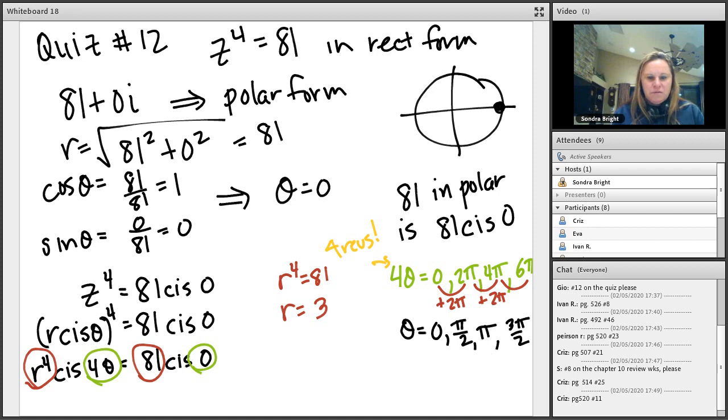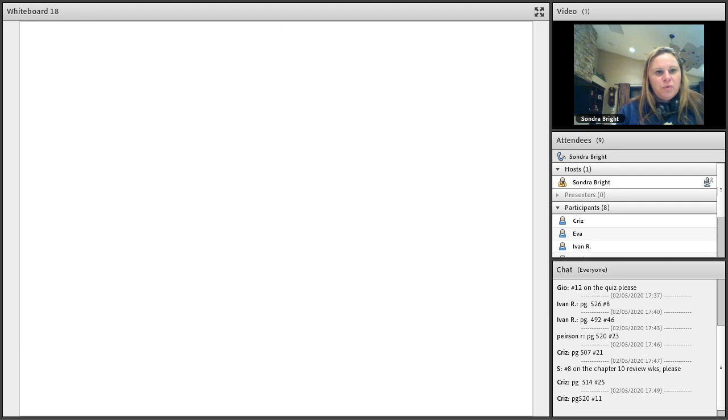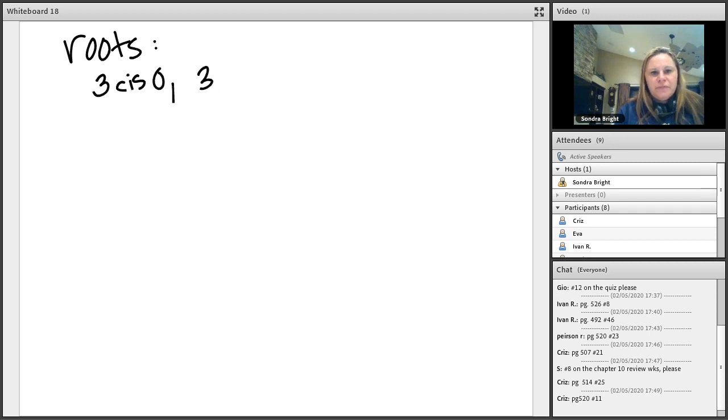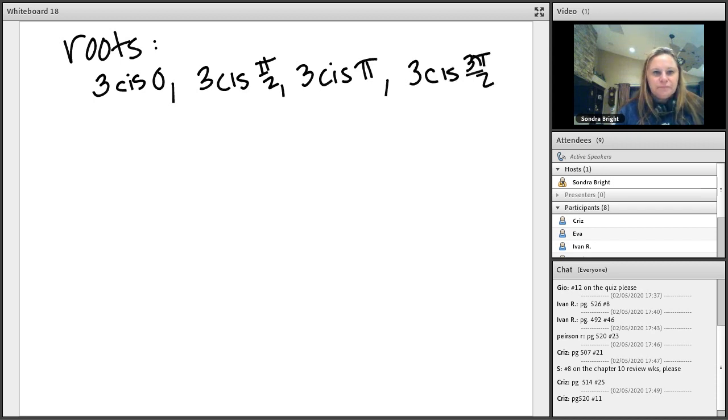And so graphing them, the easiest way is to do your polar guys. I'm going to go to the next page so that I don't cram it. So that means your 4 roots are, in polar form, 3 cis 0, 3 cis pi over 2, 3 cis pi, and 3 cis 3 pi over 2.